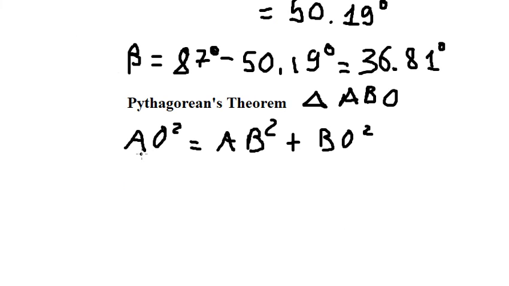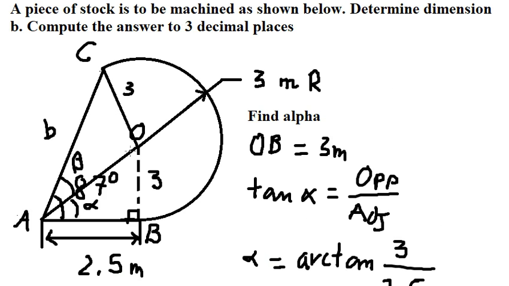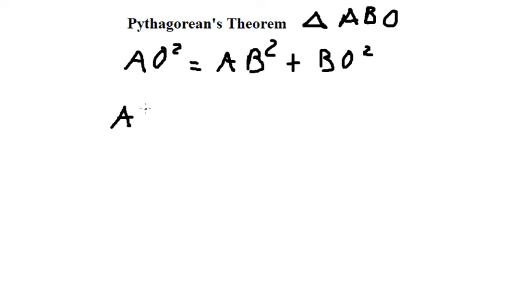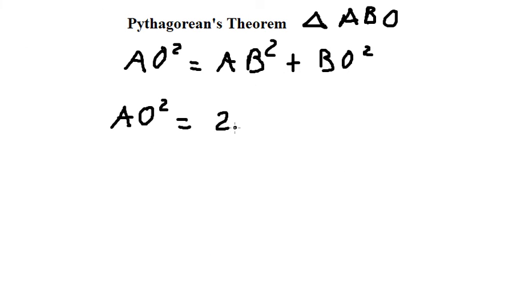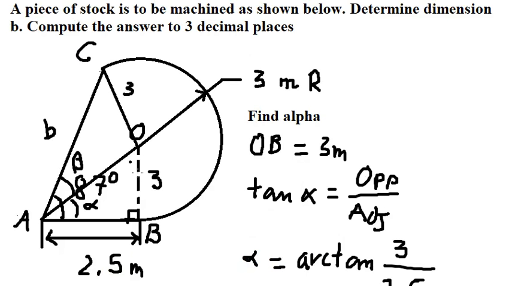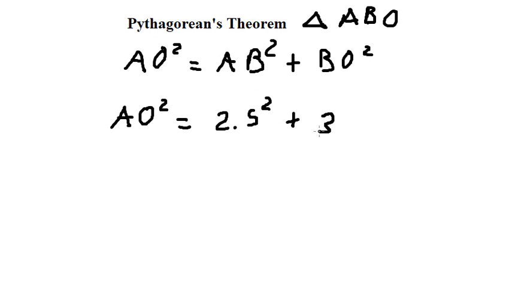Next, AO we want to find in here. So AB we have 2.5, and BO we have 3. So we calculate this one, and we have 15.25.